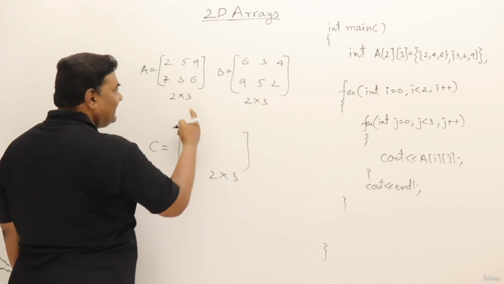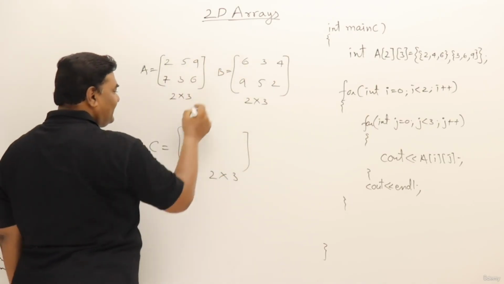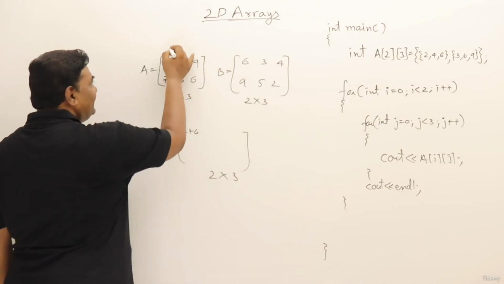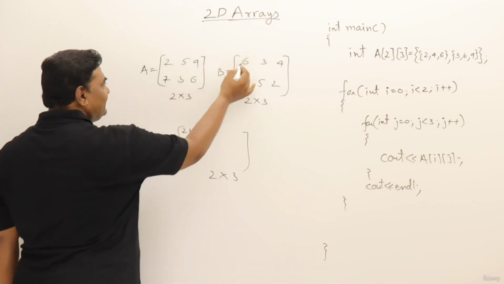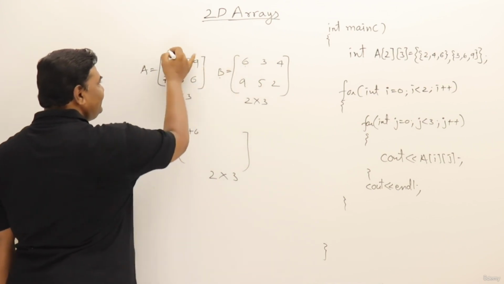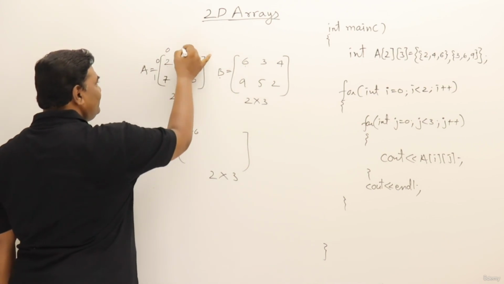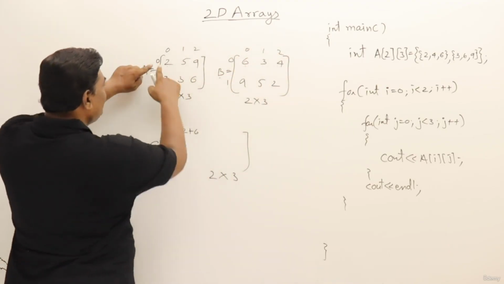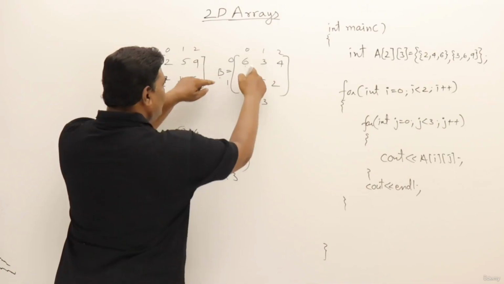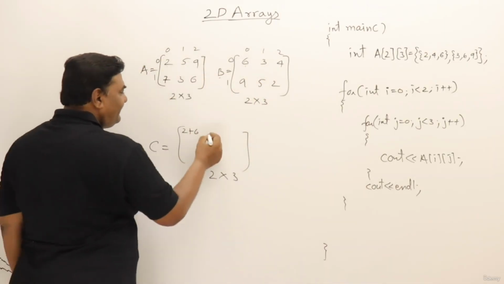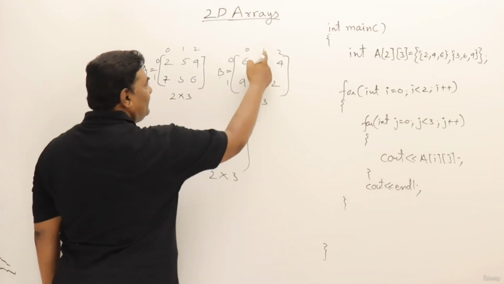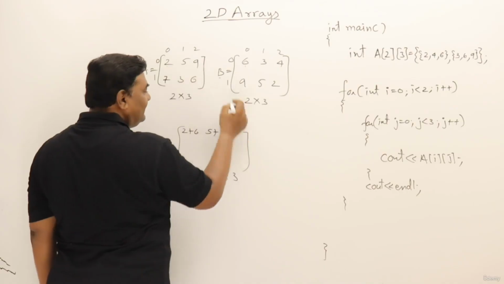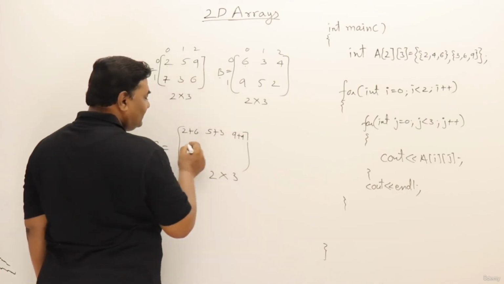We can add them if the dimensions are the same, and the resultant matrix will also be 2 cross 3. The corresponding elements are added. That is 2 and 6, meaning A of i, j is added with B of i, j. If I say this is 0, 1 and this is 0, 1, 2, then 0,0 is added with 0,0, and 0,1, which is 5, is added with 0,1, which is 3, and 9 with 4, and so on.